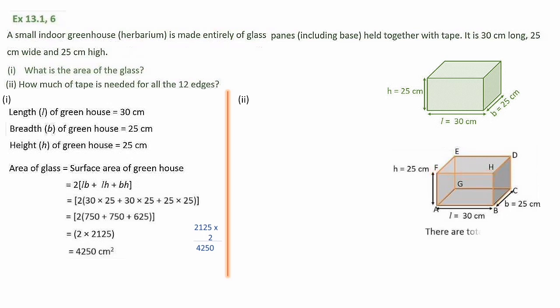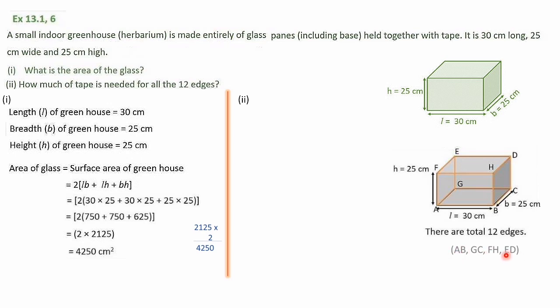There are 12 edges in a cuboid, and some of the edges have equal length. For example, AB is equal to GC on the backside, and FH is also equal to AB, and ED is also equal to AB.